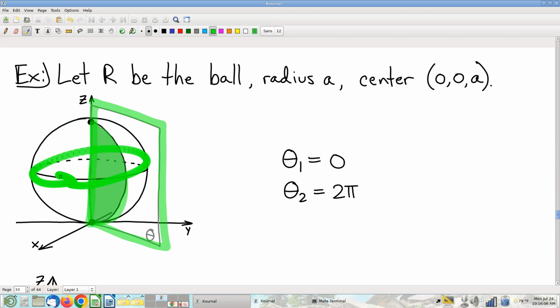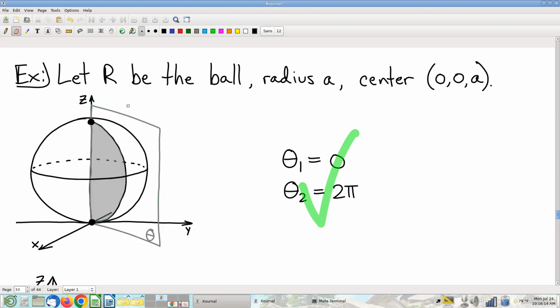And they go all the way around, and so 0 to 2 pi for our theta slicing. Is that cool? Nice little shortcut on this: if your solid surrounds the z-axis, if the z-axis is embedded inside of your solid, then it's going to be 0 to 2 pi.